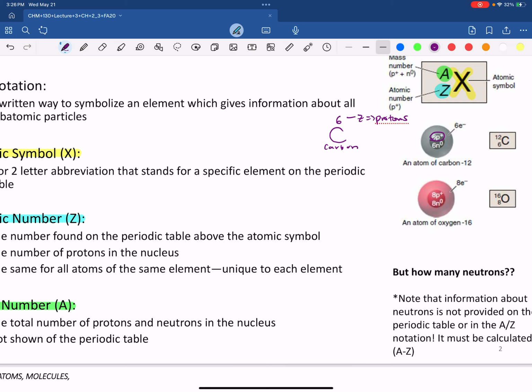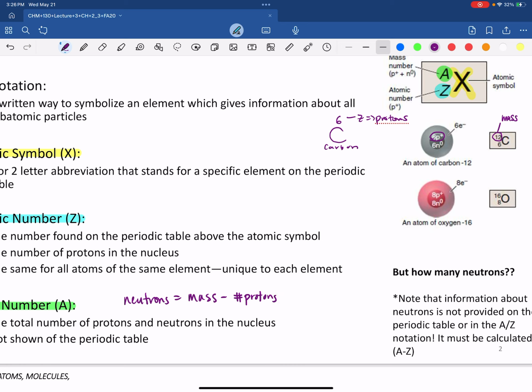Now, normally with the AZ notation, it'll read 12 on top and 6 on the bottom. Well, what does this 12 tell you? 12 tells you the mass. All right, so if you want to find out the number of neutrons, it's always going to be the mass subtract the number of protons, right?